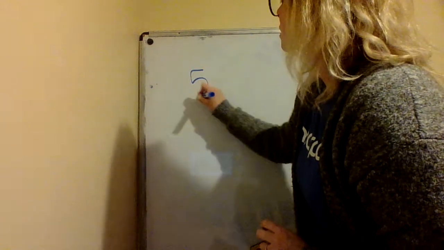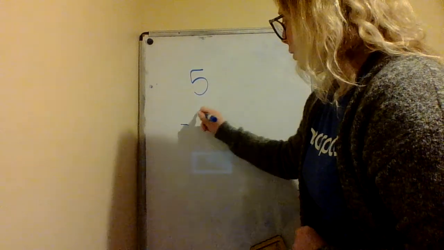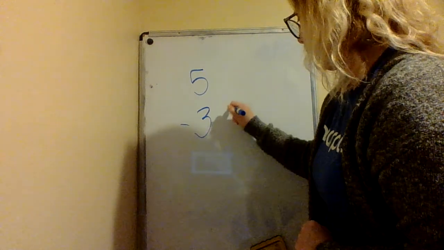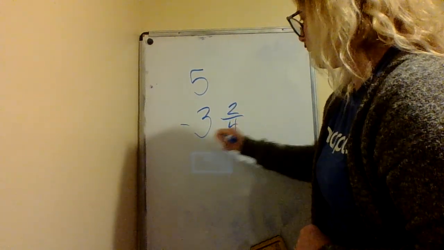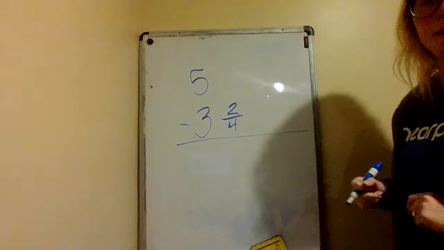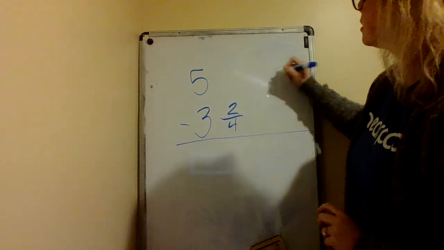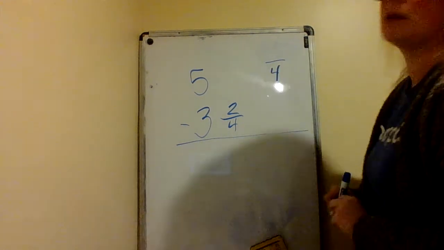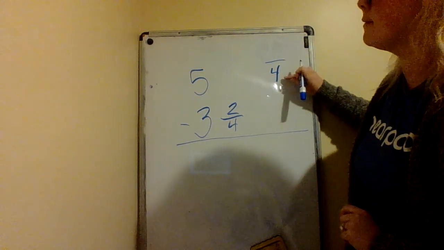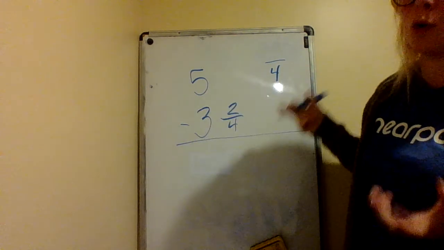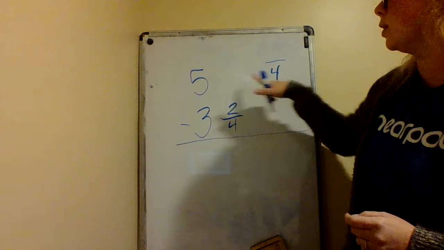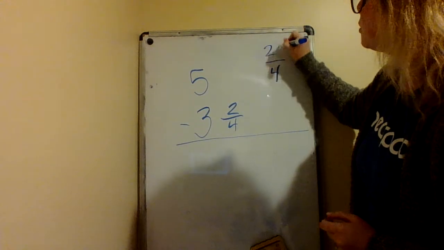5 wholes minus 3 and 2/4. Okay, so we're talking fourths. So something divided by 4 gets me 5, or 5 times 4 gets me 20.